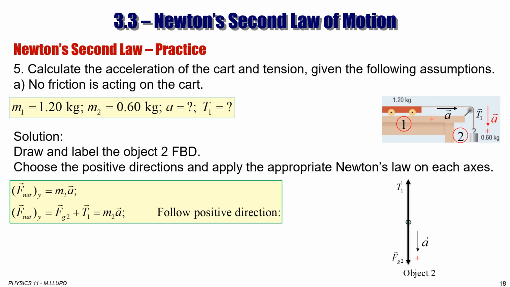So F net y is equal to M2A, and F net y is the sum of all forces, which is Fg2 plus T1, equal to M2A. Now take a look. The positive direction is down, so Fg2 is positive and T1 is negative. So we can say Fg2 minus T1 is equal to M2A, and that makes equation number 2.